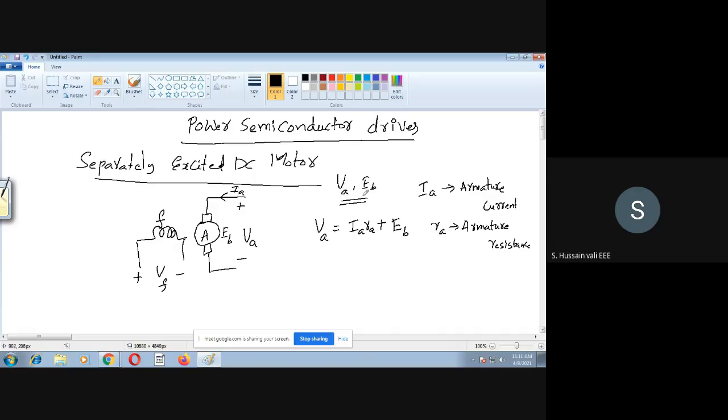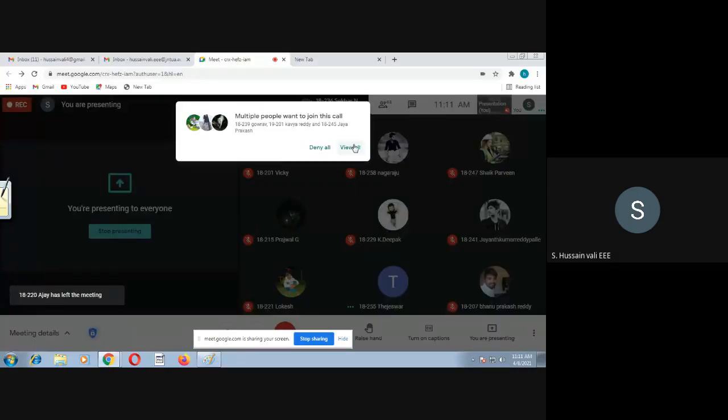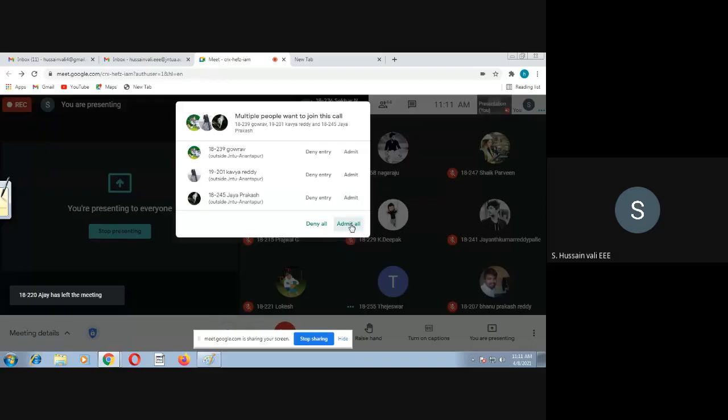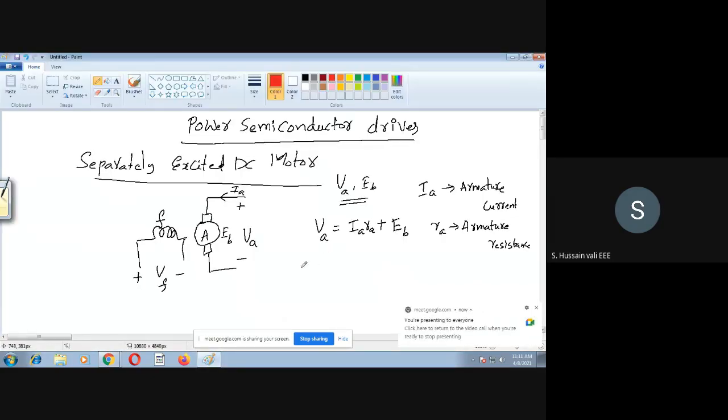Some more equations I would like to recall now. If you recall the equation for the back EMF, there are several ways you can represent it.